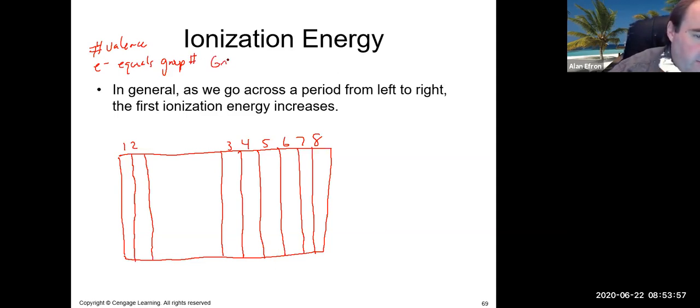So elements in group 1 all have 1 valence electron. Group 2 would have 2 valence electrons and so forth. Group 3 will have 3, 4, 5, 6, 7, and 8. So when we were looking at magnesium, that's group number 2. It has 2 valence electrons.